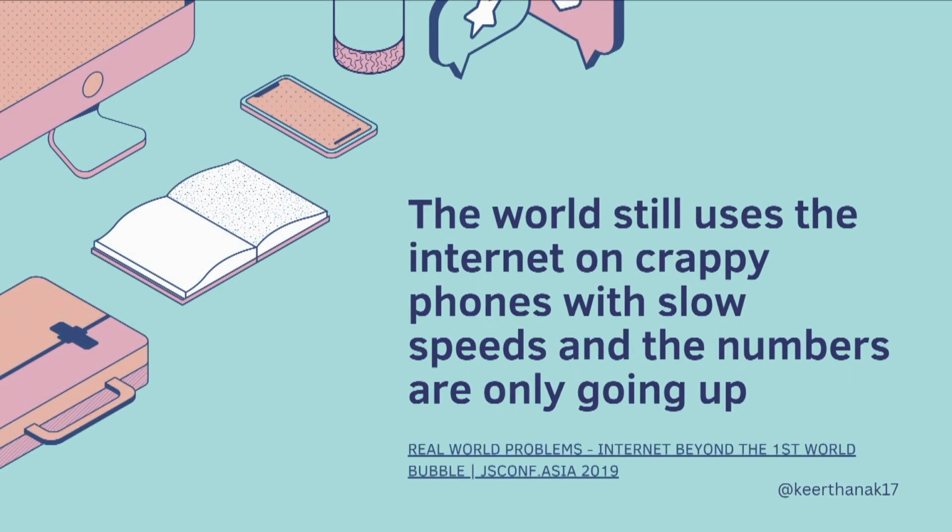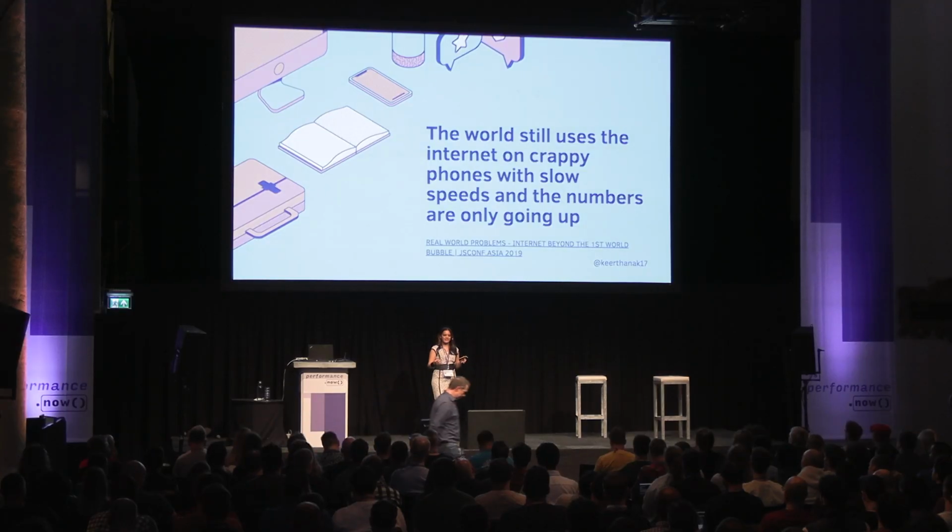So I had a talk in 2019 about this topic, and I went back and watched it recently, and I felt like, wow, some of the things I said do make sense. Cool. And I don't want to toot my own horn or anything, but if you are interested in this kind of zooming out reference point, I would still ask you to go take a look at that. But this is what it comes down to. If you are building for a global audience, the world still uses the internet with very crappy speeds and very slow internet in unimaginably innovative ways.